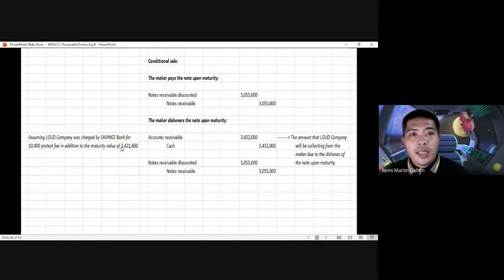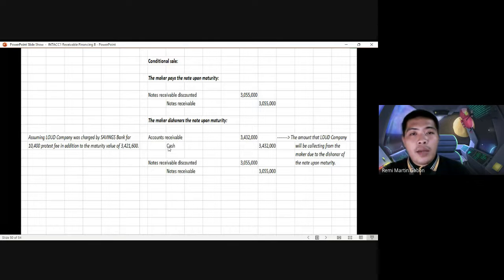Which is yung total nito, assuming ito yung amounts. This is just an extended assumption. So 3,421,600 plus 10,400, total niyan is 3,432,000. This 3,432,000 is the amount that Loud Company will be collecting from the maker due to the dishonor of promissory note upon maturity.